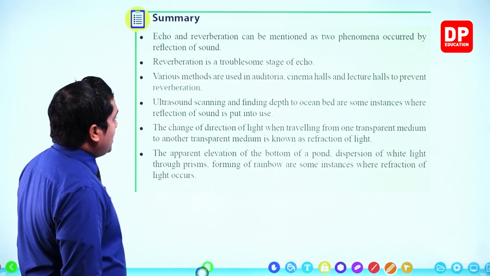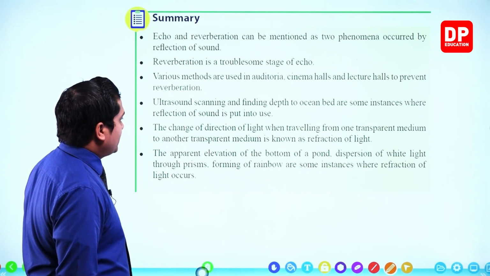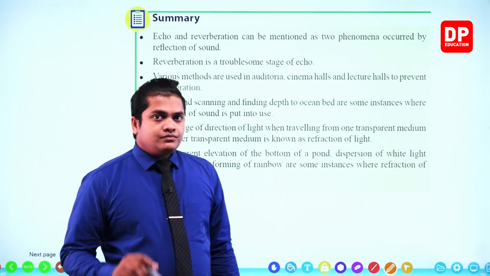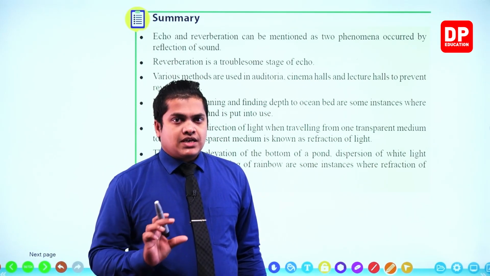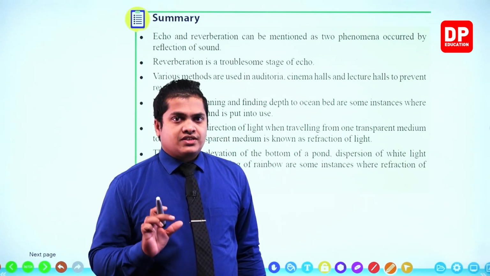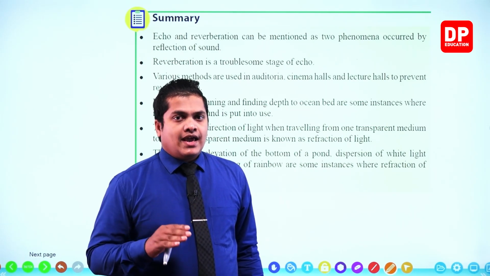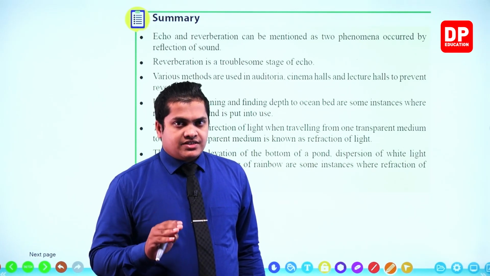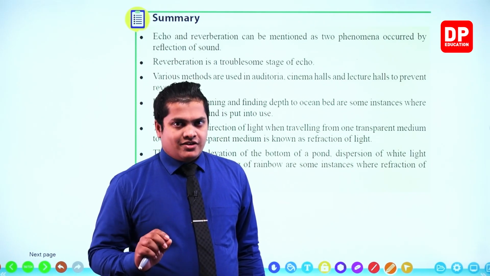Next one, ultrasound scanning and finding the depth of the ocean bed are some instances where reflection of sound is put into use. Ultrasound is a sound wave generated by a machine that has a frequency of more than 20,000 Hertz, which is the maximum hearing limit of the human ear.